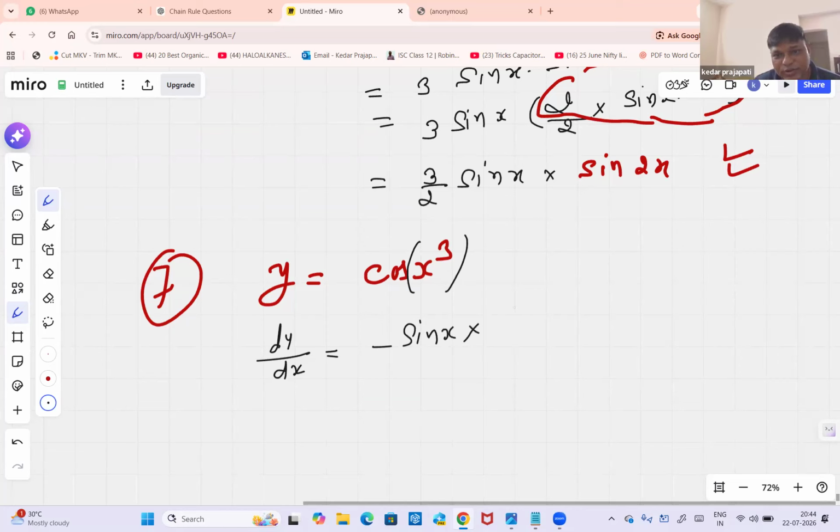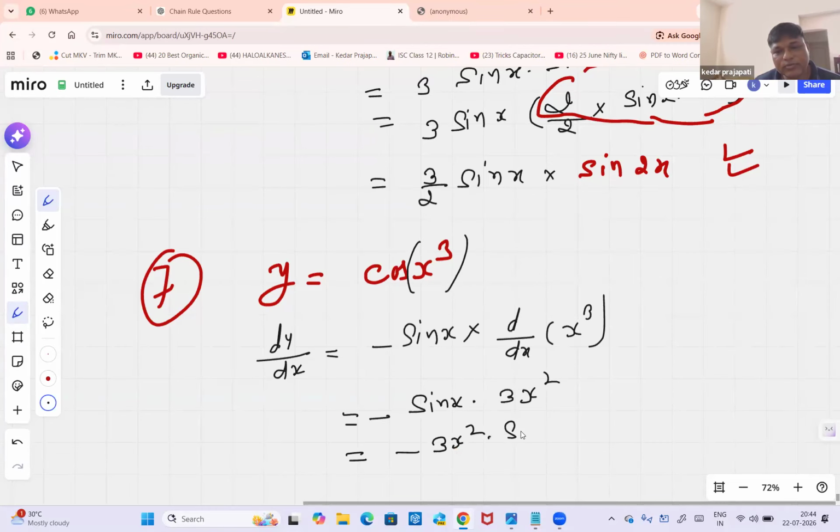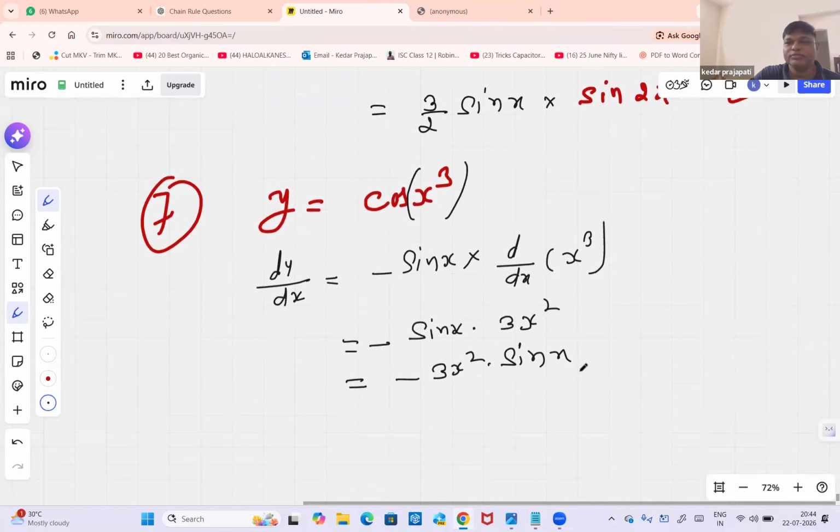We will be doing dy by dx of this, equal to minus sin x into 3x square. This will be minus 3x square into sin x.